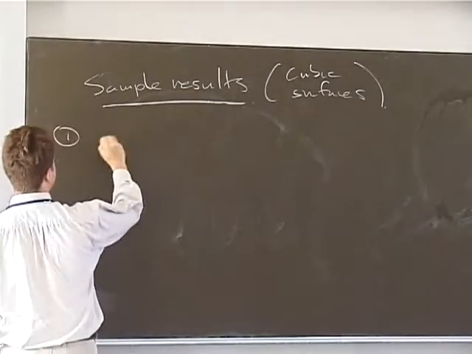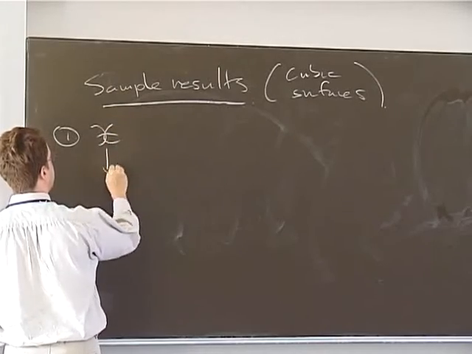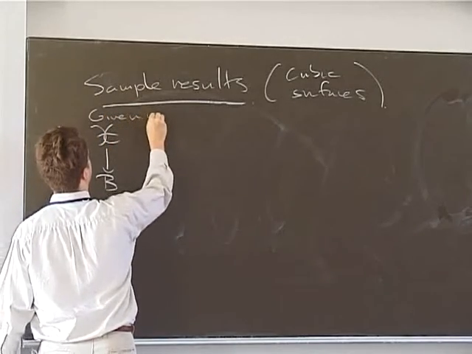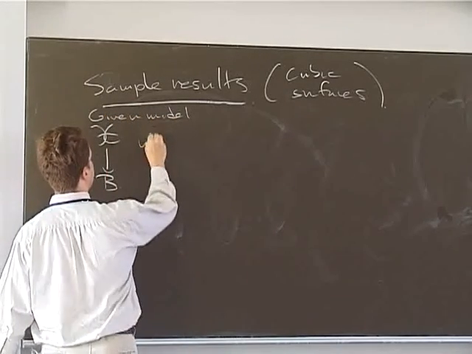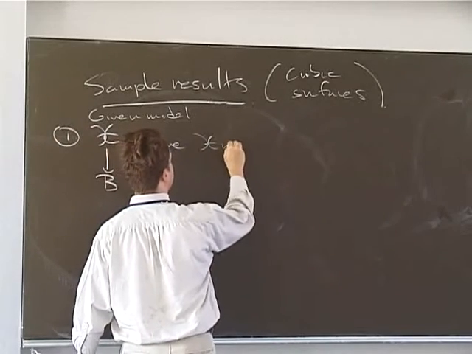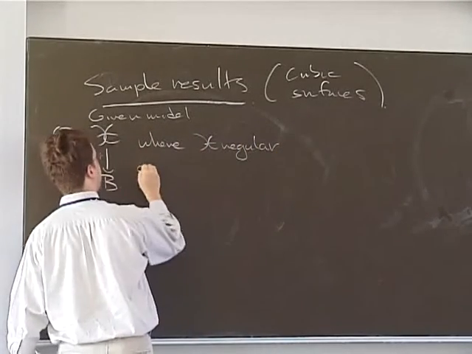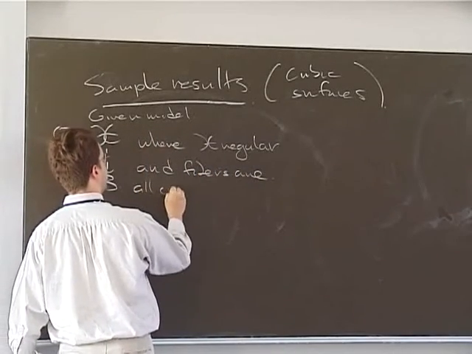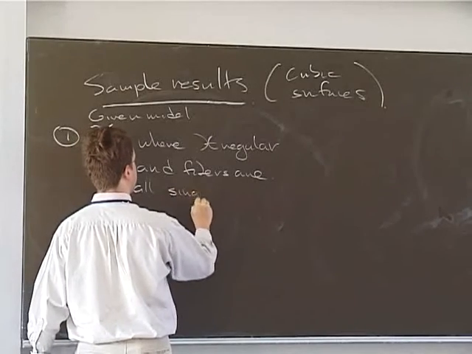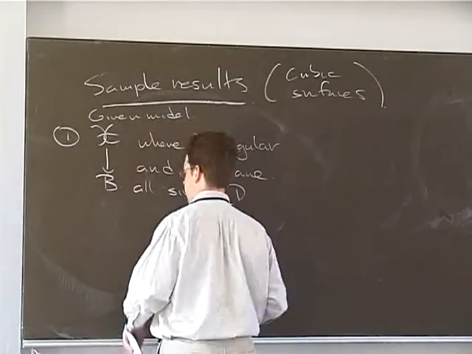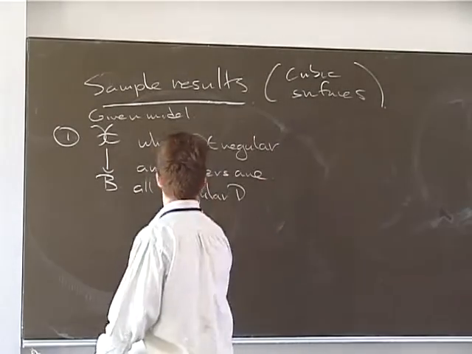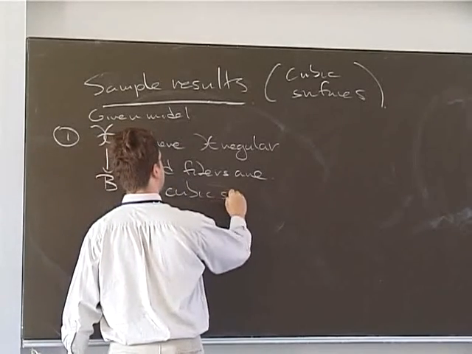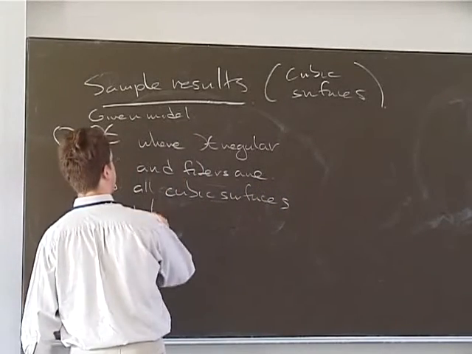The first sample result is, let's say that we are given a model X over B where X is regular and the fibers are all cubic surfaces with canonical singularities.